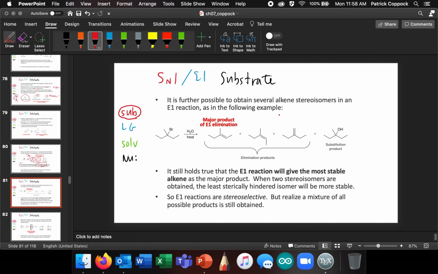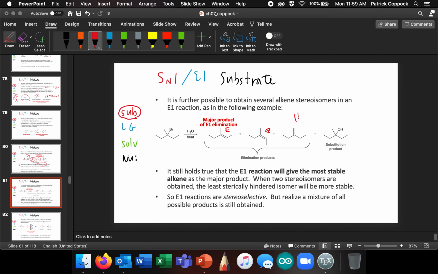Further, it's possible to obtain several alkene stereoisomers in E1 reactions as the following. So these two, you can imagine that with E1, we have both the E, here's the Z, right?